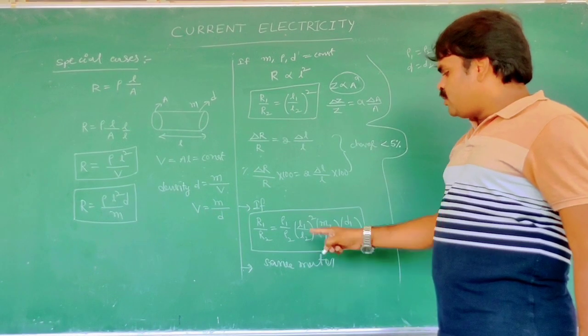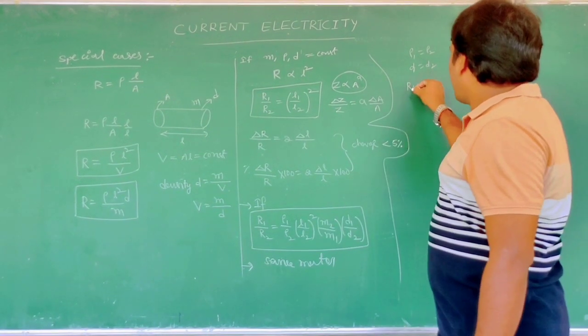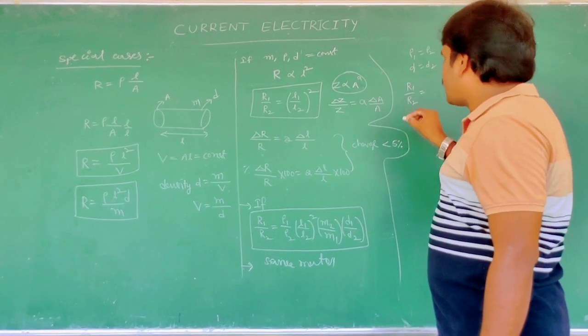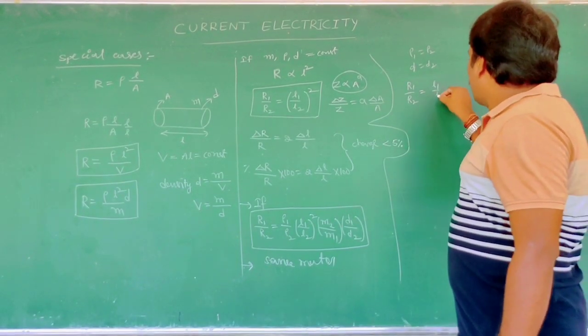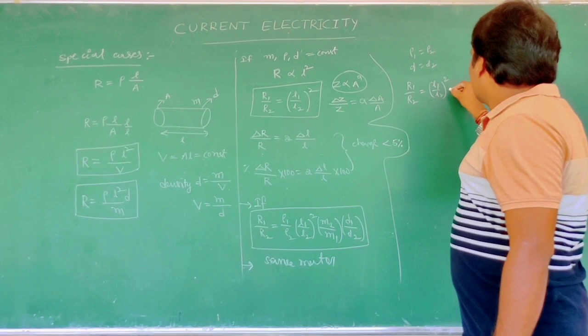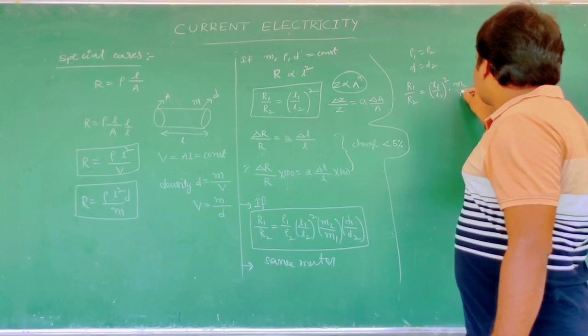That's why these get cancelled. The ratio of resistances of the conductors, R1 by R2, is equal to L1 by L2 whole square into M2 by M1.